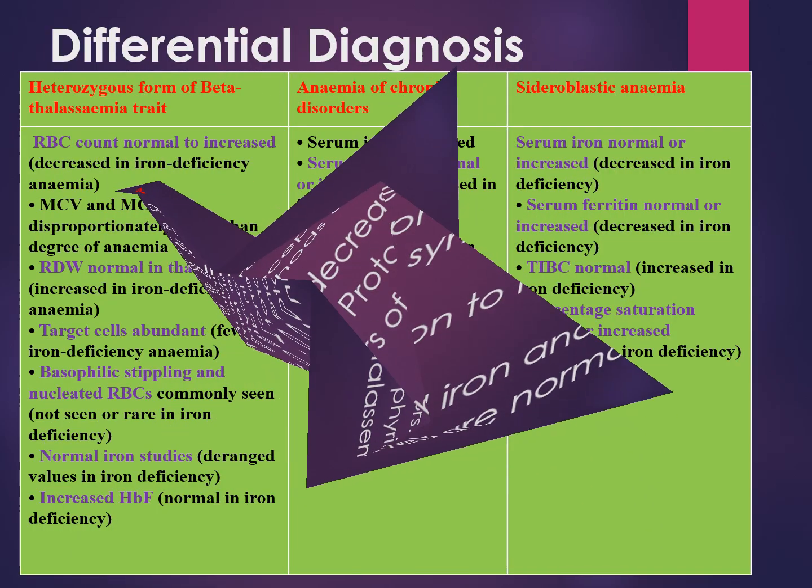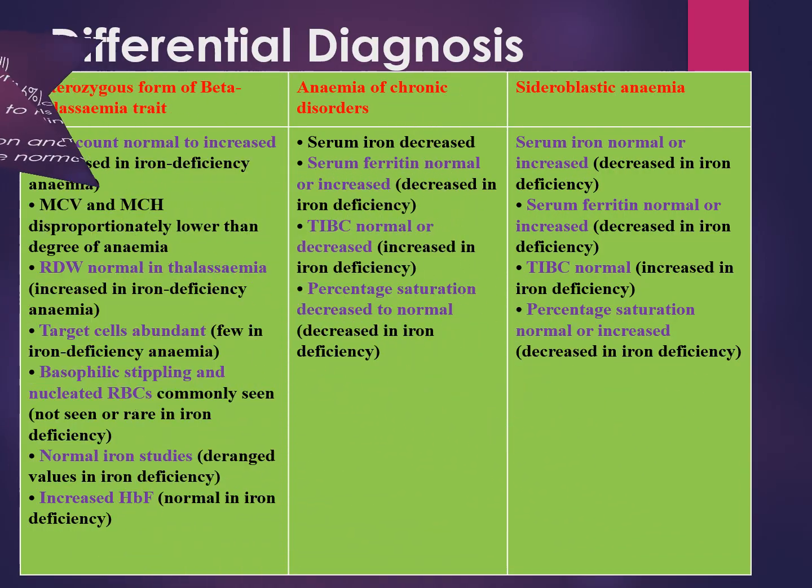Differential diagnosis. As the peripheral blood smear picture is microcytic hypochromic anemia, the DD will be Sita or Seetal. Remember Sita, the mnemonic. S for sideroblastic anemia, A for anemia of chronic disease, T for thalassemias, I for iron deficiency anemia.